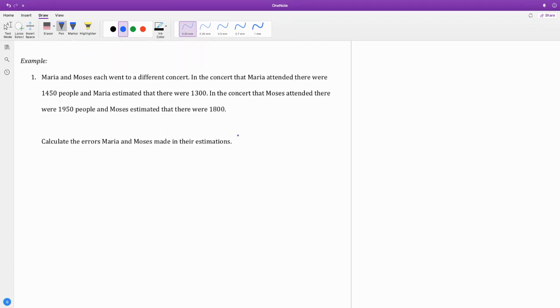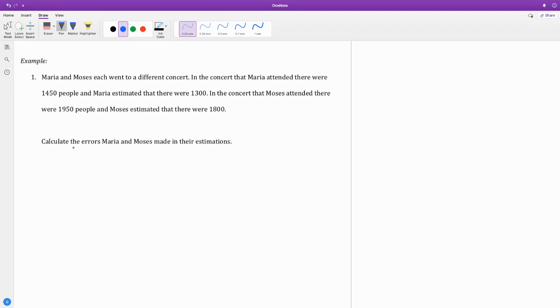Let's check the example. Number 1. Maria and Moses each went to a different concert. In the concert that Maria attended, there were 1,450 people, and Maria estimated that there were only 1,300.